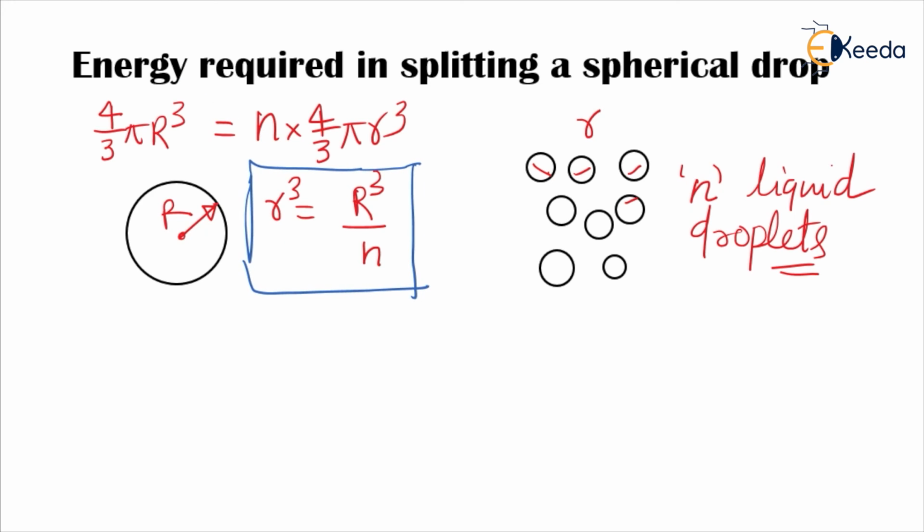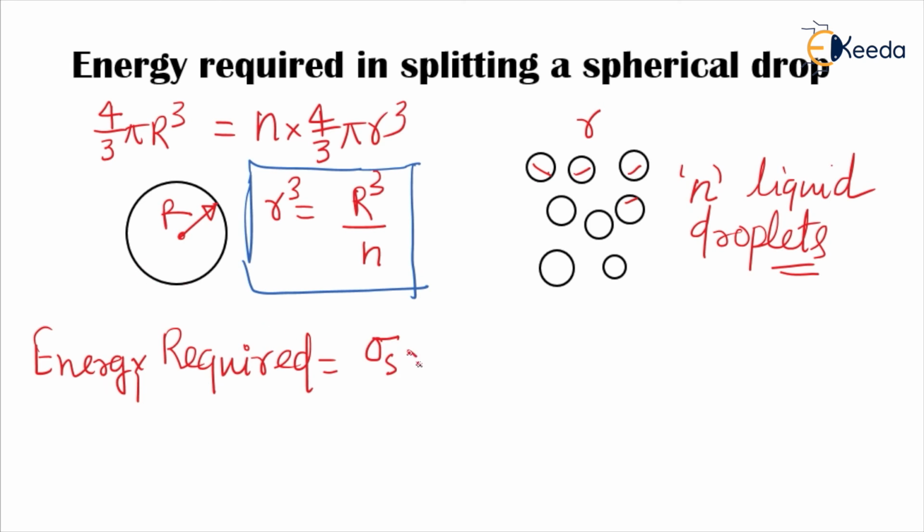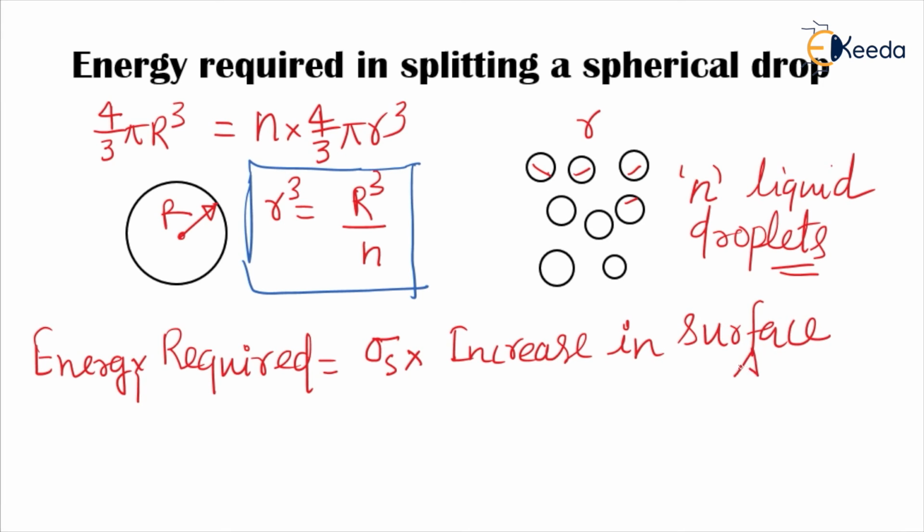Now when we talk about the energy required, remember this energy required can be expressed as the product of surface tension, sigma s, multiplied by the increase in surface area. So E is equal to sigma s multiplied by the increase in surface area.